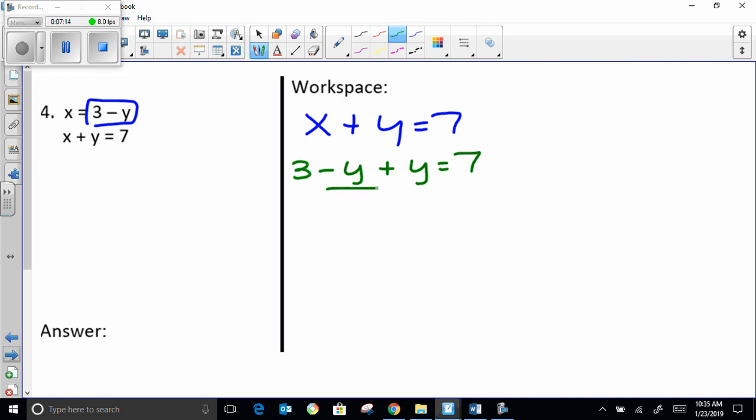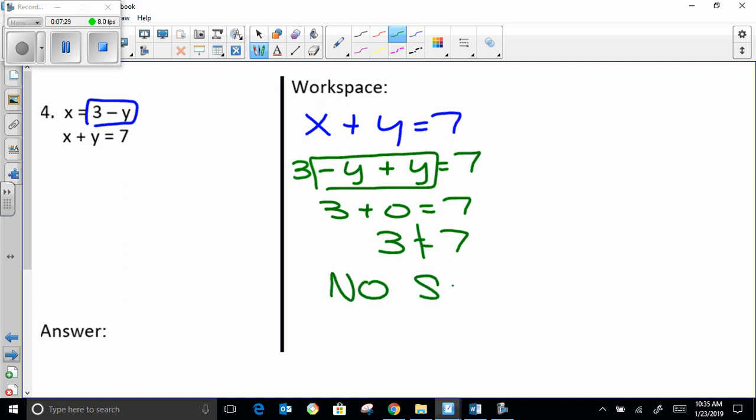Combine my like terms, negative y plus y is going to be 0. 3 plus 0 is 3. Does 3 equal 7? No. So this answer is a no solution.